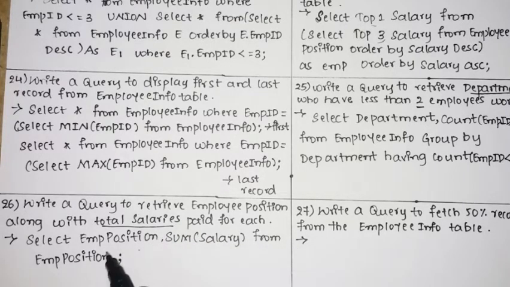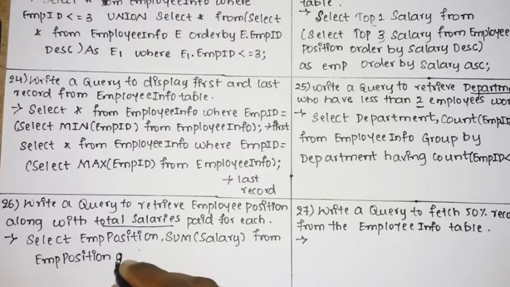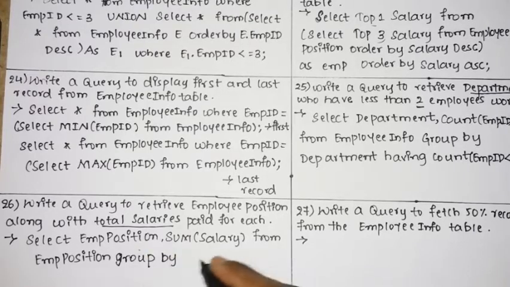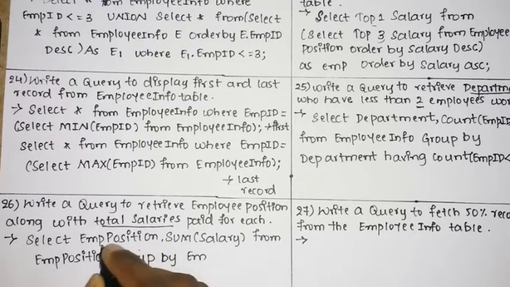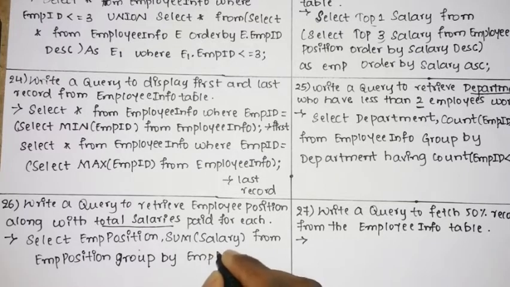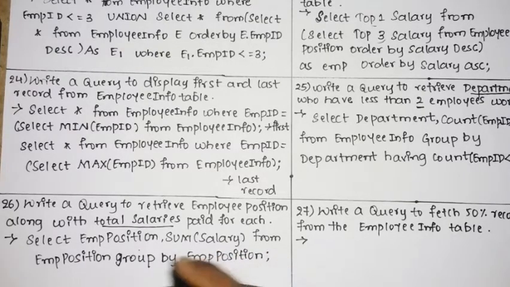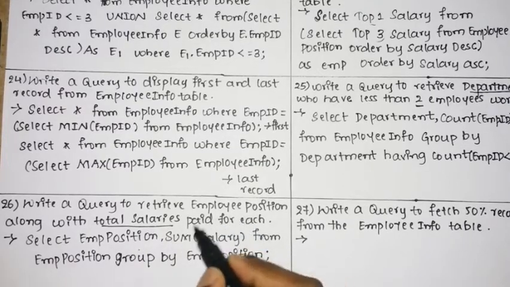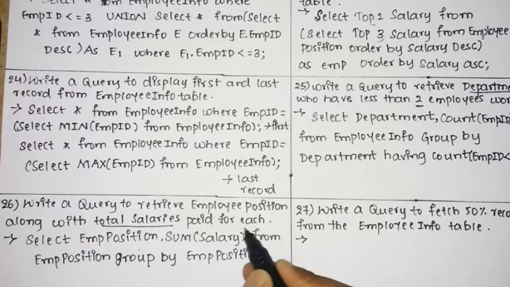Then after that you need to group it by the employee position, because they have told you to write a query to find the total salary which is paid for each position. So group by employee position.